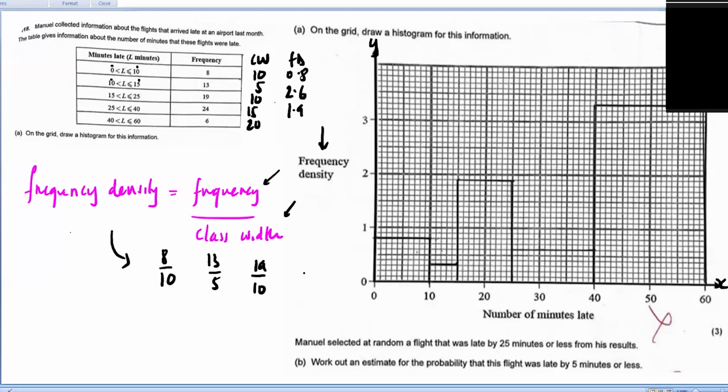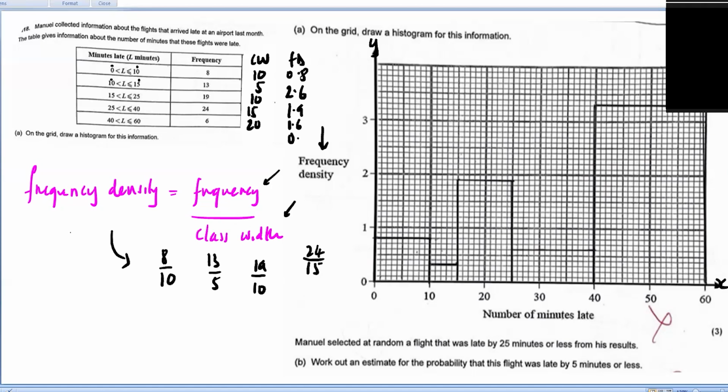And then you need to calculate 24 divided by 15. What is 24 divided by 15? Yeah, 1.6. And the last one, 6 divided by 20. Did you get 0.3?